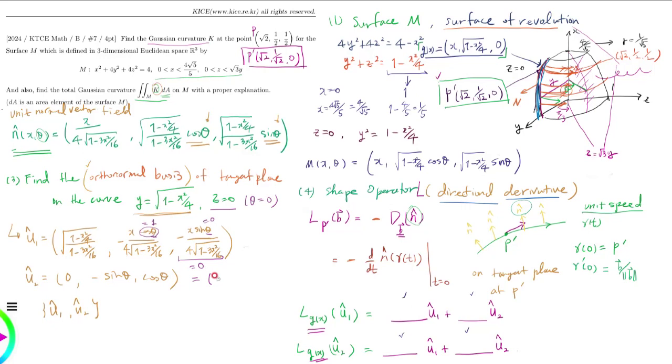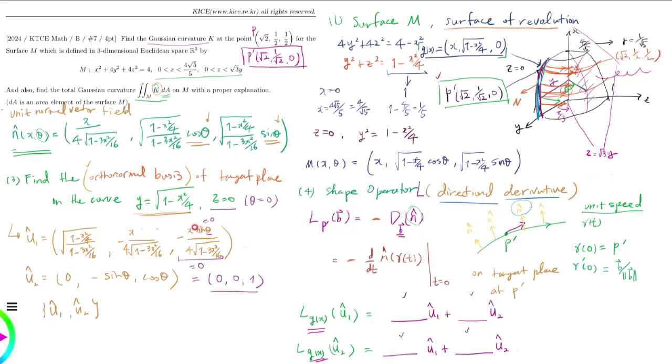And for the u2 basis on this generating curve, 0, 0, and 1 here. So okay, let me simplify those values here.